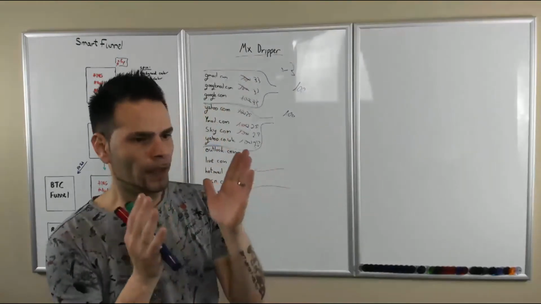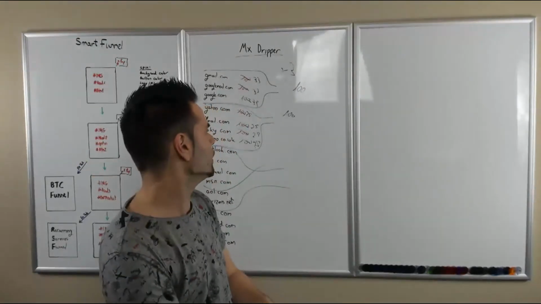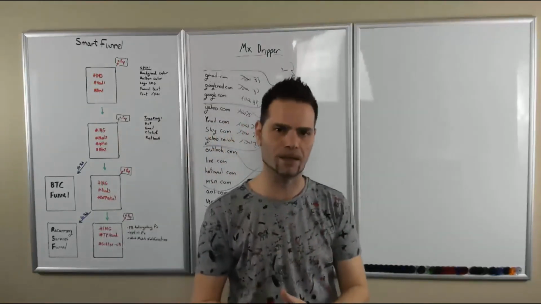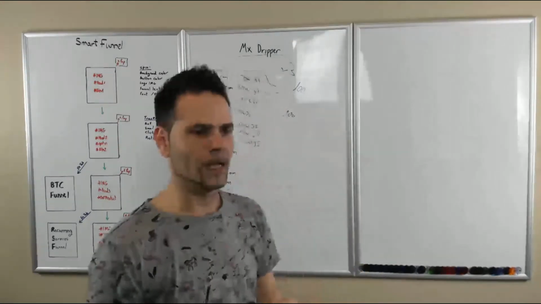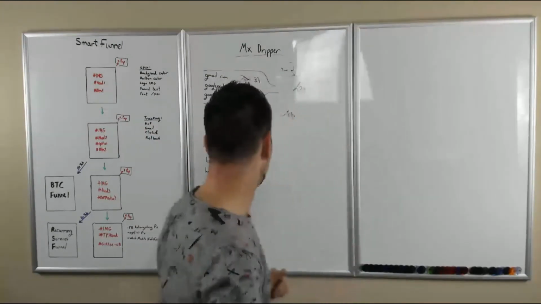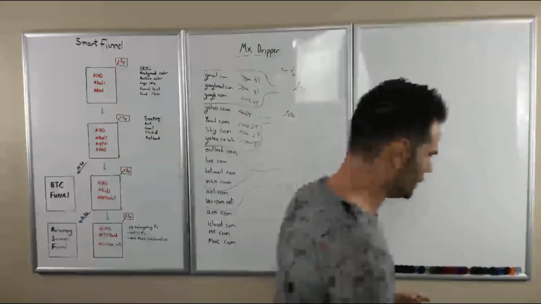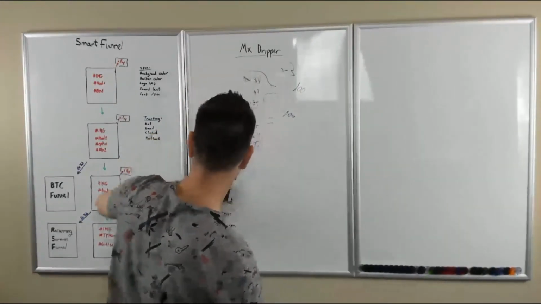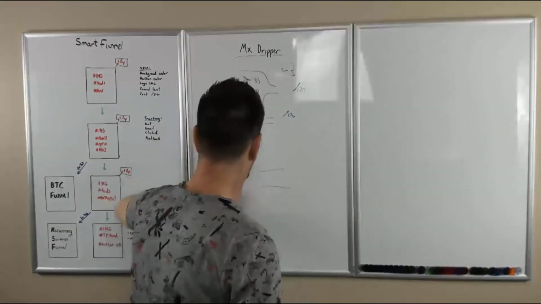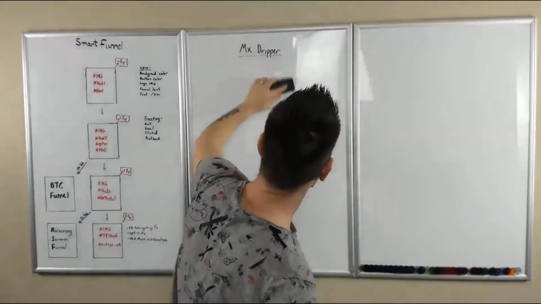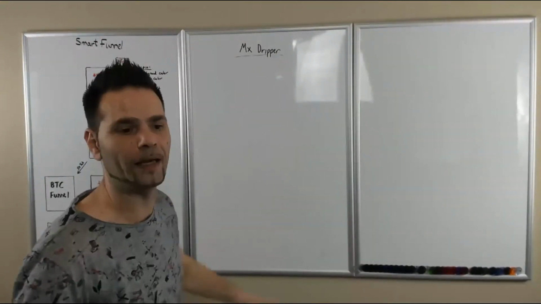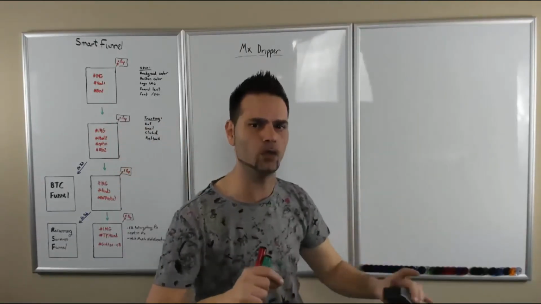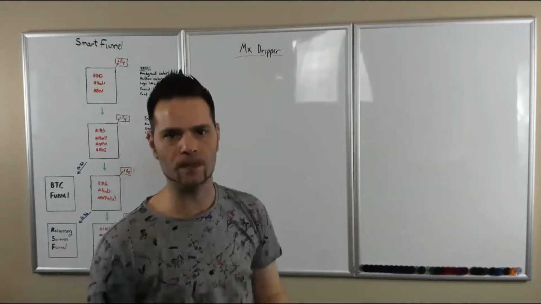So another very important thing, and the feature we just added to the MX Dripper, is the Smart Scrub. So let me clean this up so I can explain what's going on. After we import the list, we put in the API keys that you get from the system. You will have a video explaining exactly what you need to do in order to make the MX Dripper work.